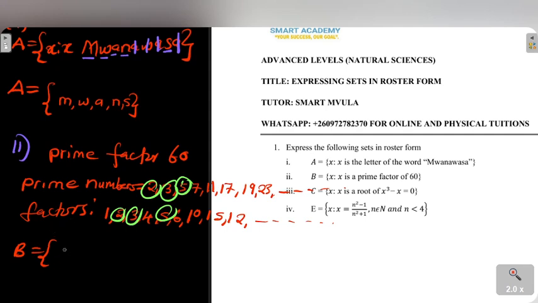So the prime factors are 2, 3, and 5. Even if you list the factors and prime numbers up to 60, you're still going to find that the common elements will be 2, 3, and 5. So those will become the prime factors.